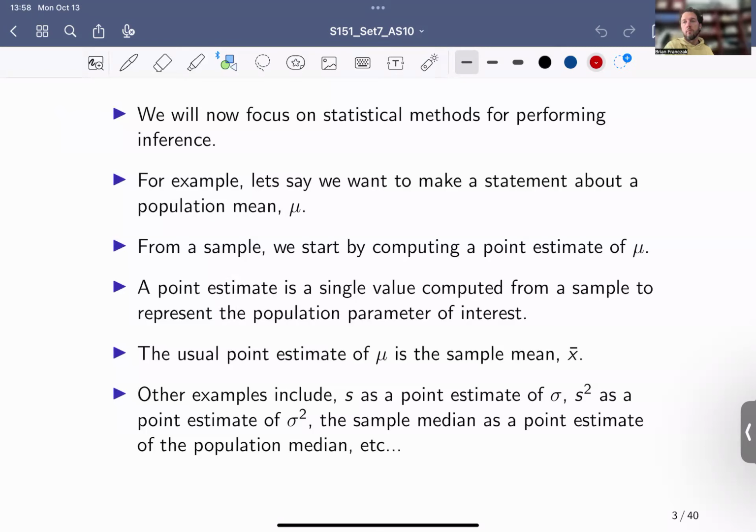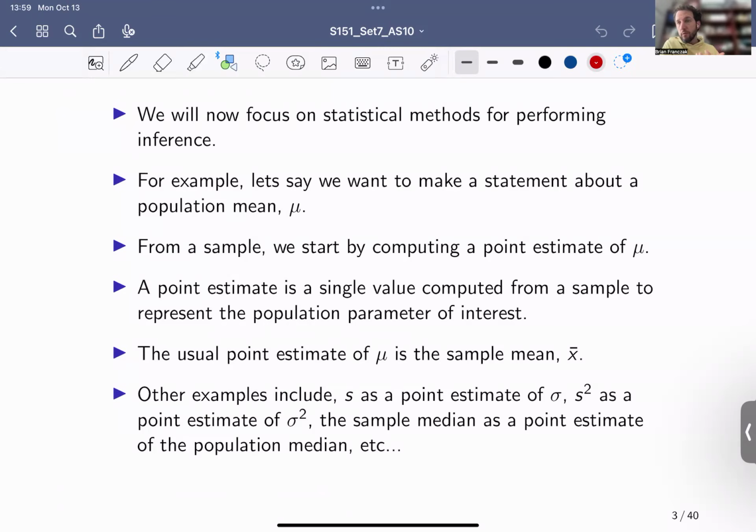So we have a population that we want to make a statement about, and more specifically, we want to say something about the parameter mu, the mean of the population. We want to use our sample to say something about the population mean.